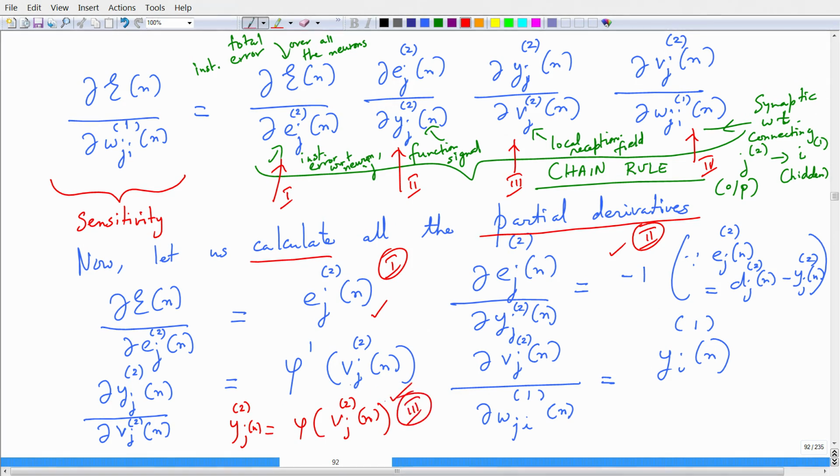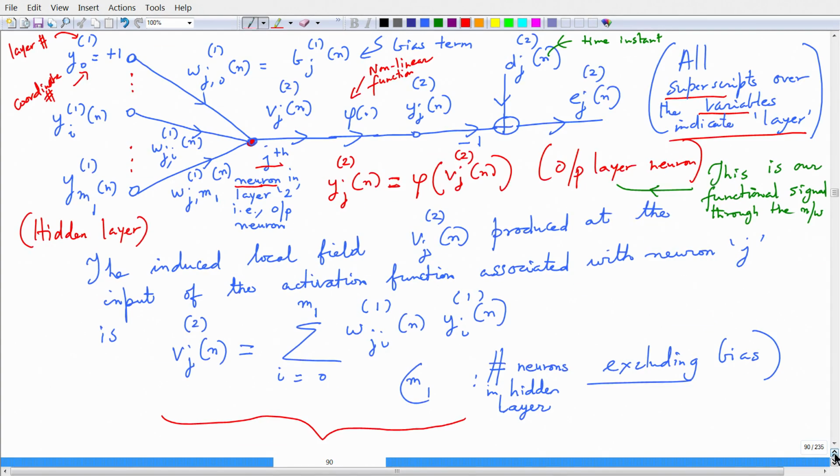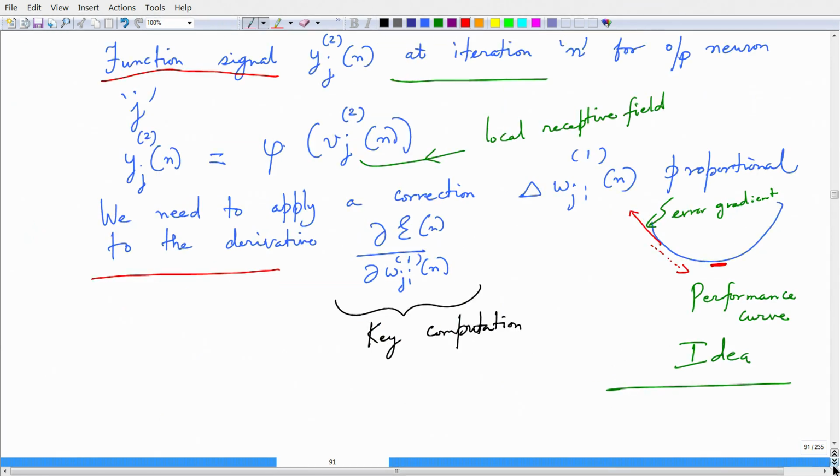The last term is now this Vj with respect to Wji, and we saw this equation that I wrote earlier: Vj of n is basically the summation over i equals 0 to m1 of Wji of n times yi of n, where Vj is in the second layer and this Wji and yi are in the previous layer, layer 1.